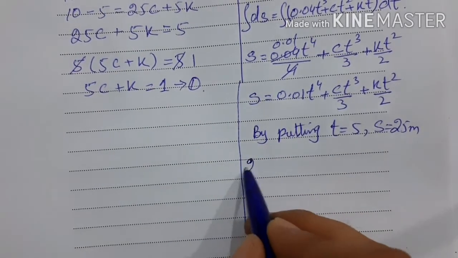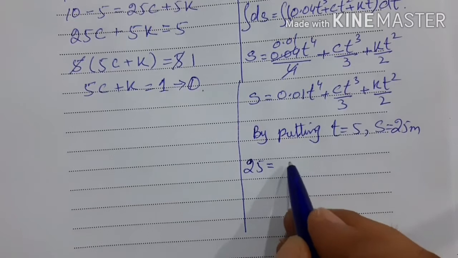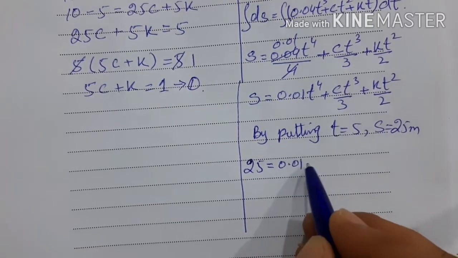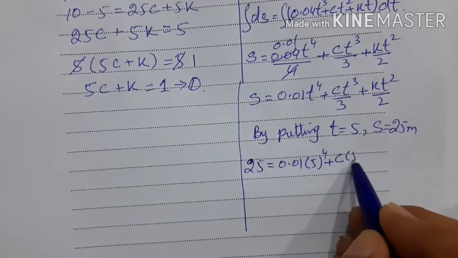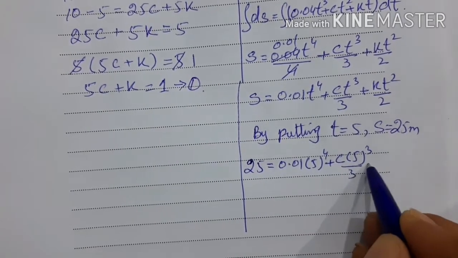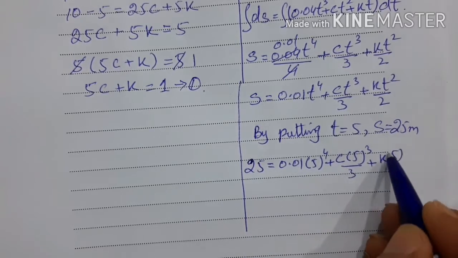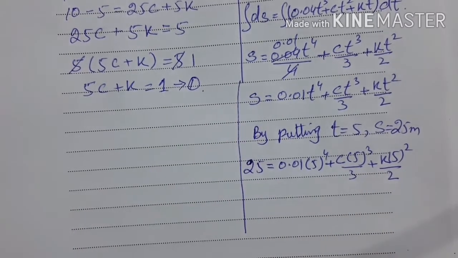So this will become 25 is equal to 0.01 into 5 power 4 plus c 5 cube over 3 plus k 5 square over 2.